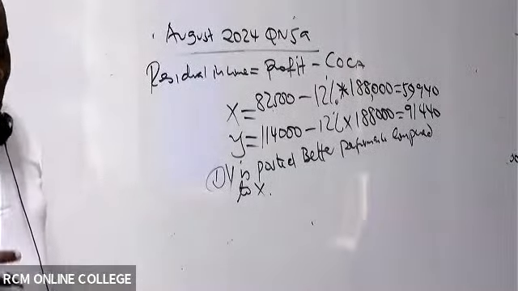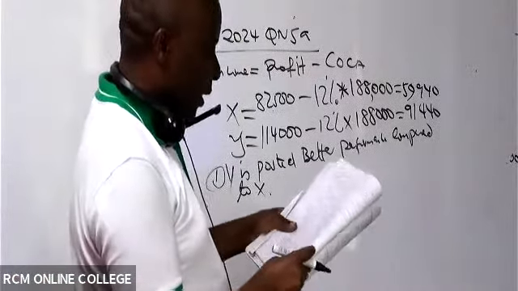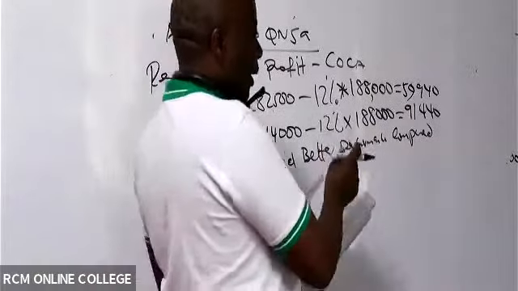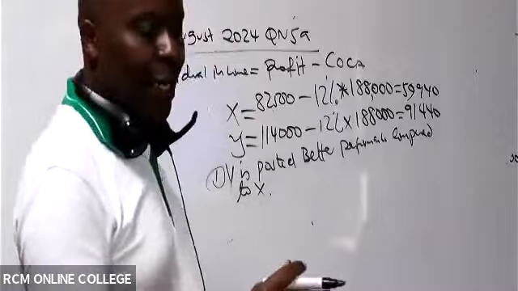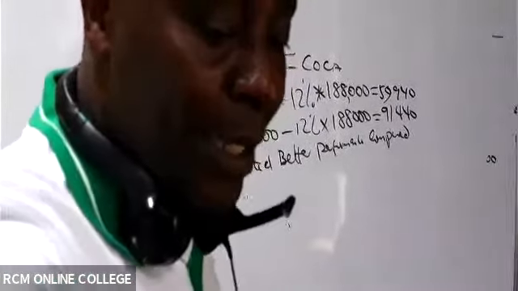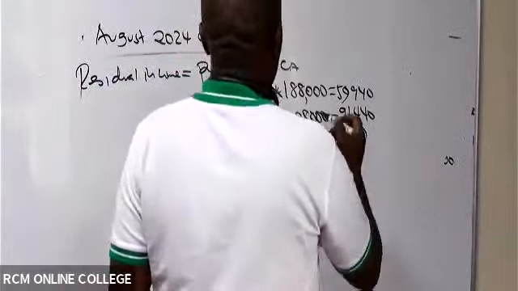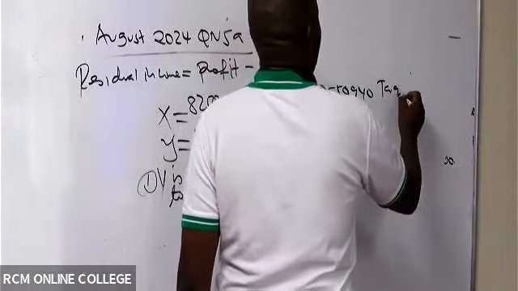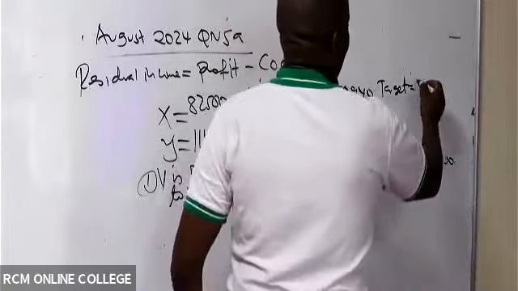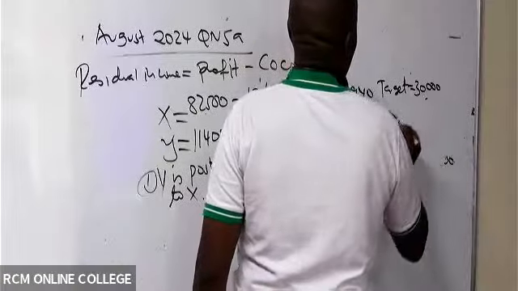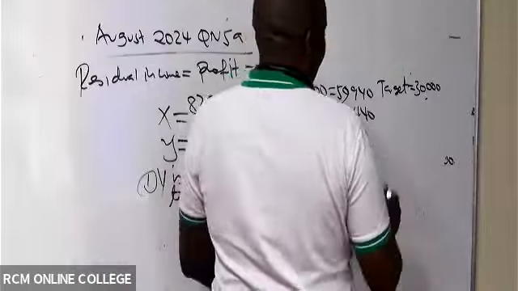Do we have any targeted residual income? Yeah, you can see residual income targeted in terms of thousands, because these figures are in thousands. Just become creative. So for X the target residual income is 30,000, and for Y the target is as well 30,000.